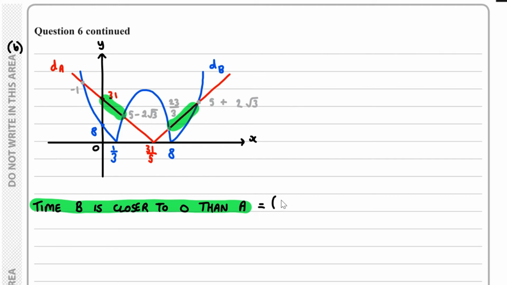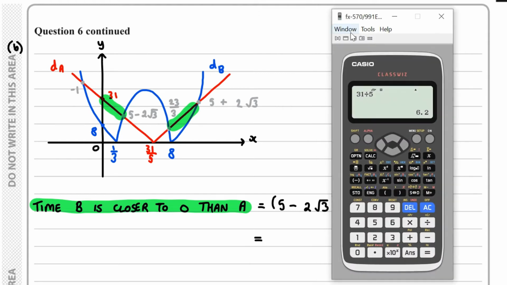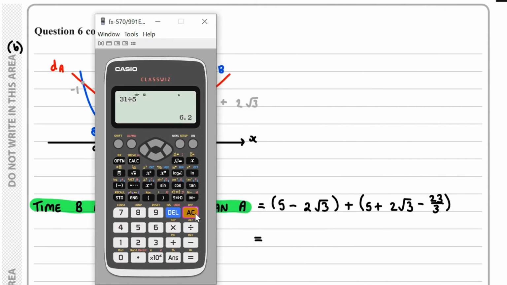So we've got 5 minus 2 root 3. And then we've got the difference between these. So then we add on 5 plus 2 root 3 minus 23 over 3.